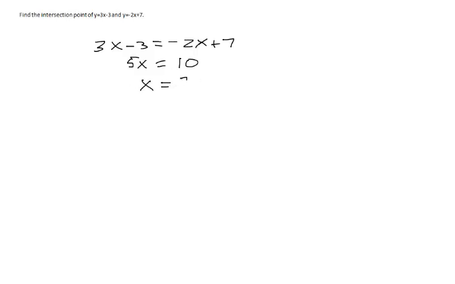And now we need to find the intersection point, and we just found the x value. So in order to find the y value, you can plug 2 into either of the functions. So I'm going to use the first function. So y is equal to 3 times 2 minus 3. So we have 6 minus 3, which is equal to 3.